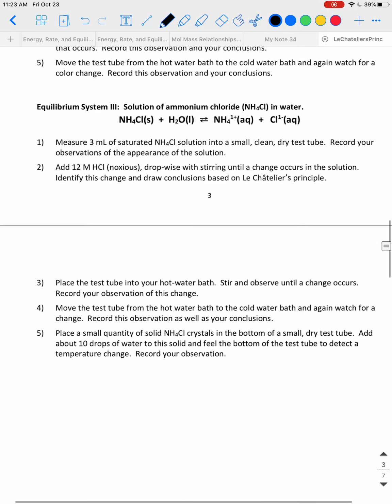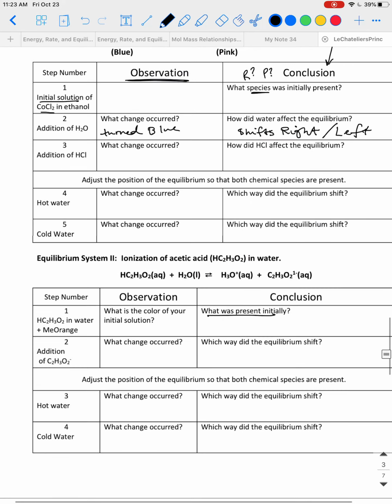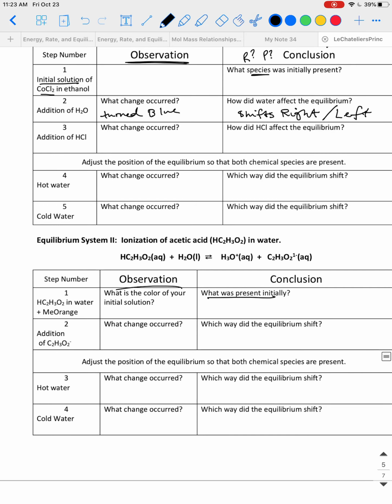And on step 2, once you get the methyl orange added and you record the color, so if we actually, before we read step 2, come down here. You're just writing, what was the initial color of your solution, okay? Therefore, what species were the reactants or the products initially present based on the color, okay? Remember, the left side is yellow, the right side is orange, okay? And your color changes might not be like to bright yellow and to bright orange.